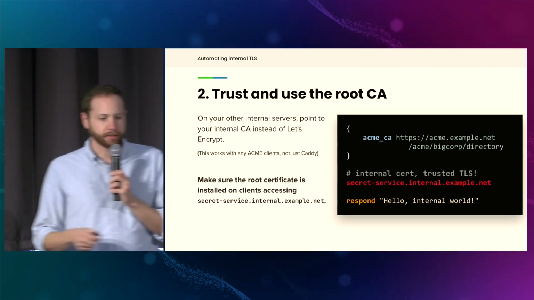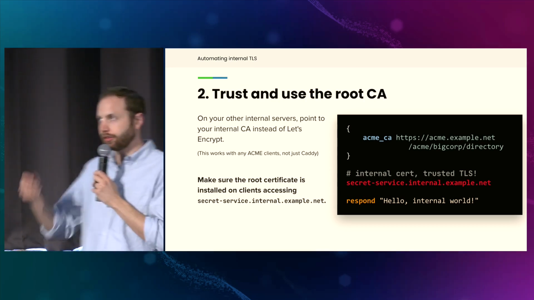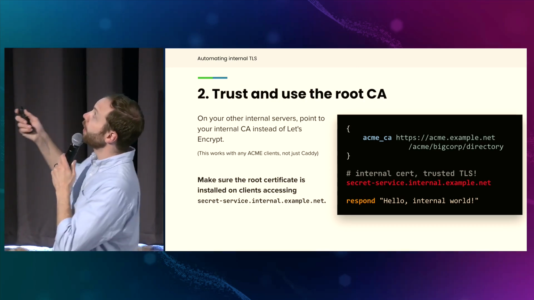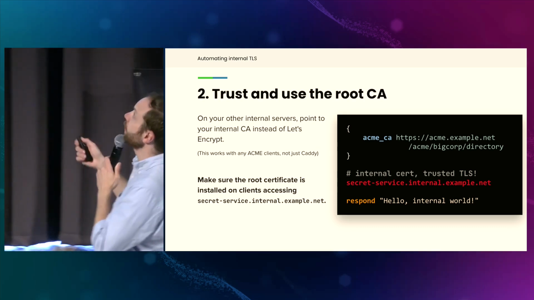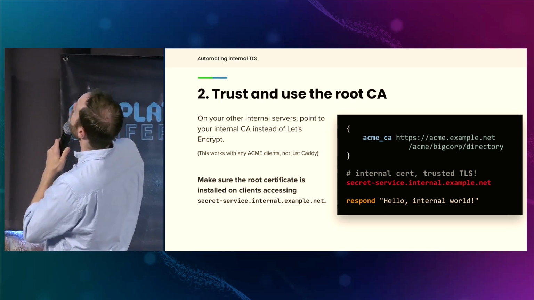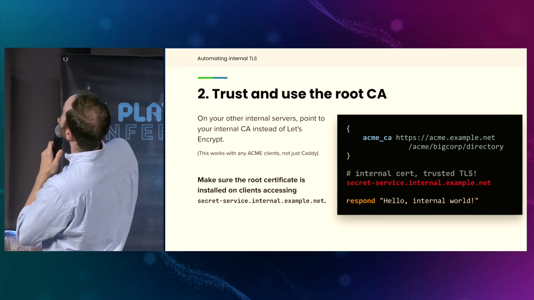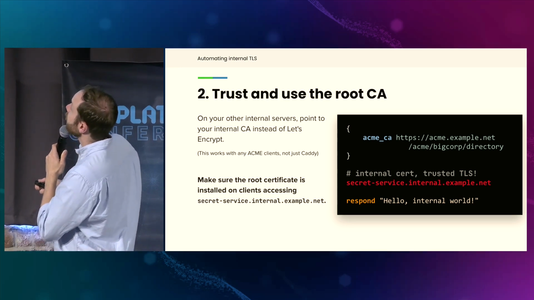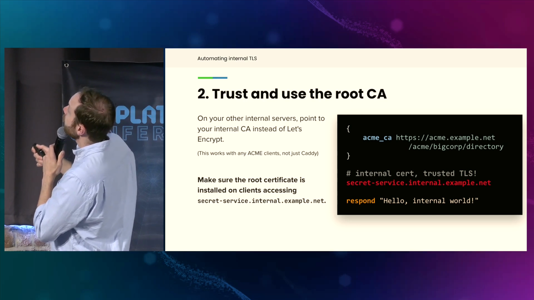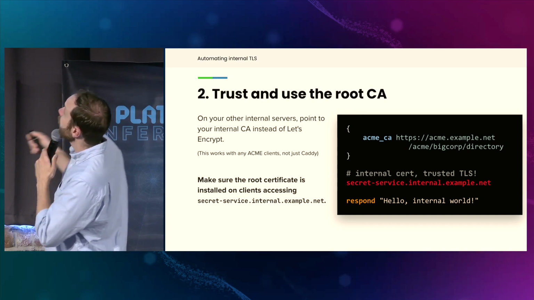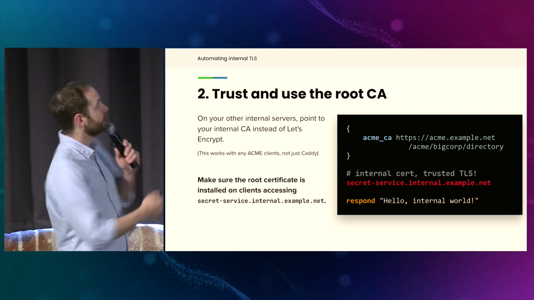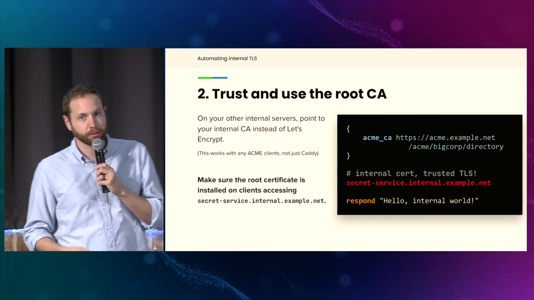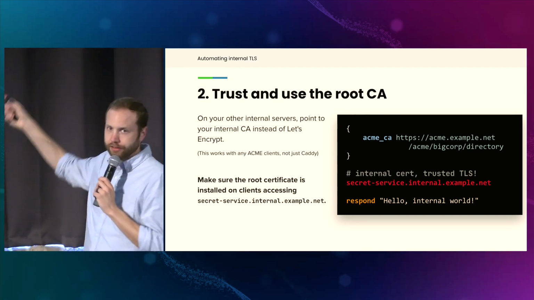So then all your other instances, this is assuming they are Caddy instances, you just have them point to that root certificate authority. So the ACME server, this would be the Caddy instance you just set up. And each Caddy instance would have your internal host name. And I mean, this is just a hello world example, but you would probably have a PHP server or something.